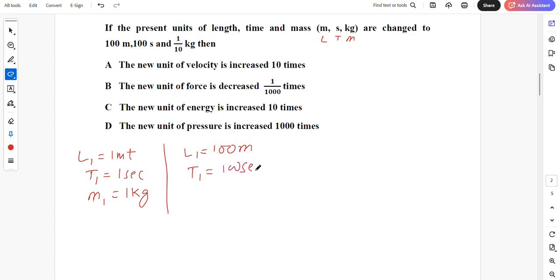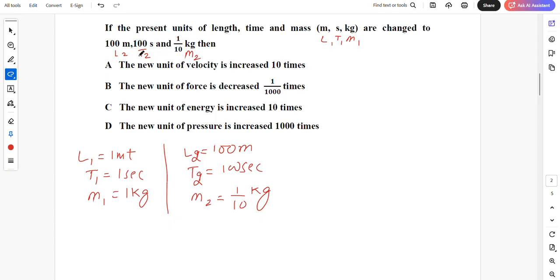This is L1, T1, M1 I'm taking, and this is L2, T2, M2. In another system of units, L2 is 100 meter, T2 is 100 second, and M2 is equal to 1 by 10 kg. So L1, T1, M1 are 1, 1, 1.